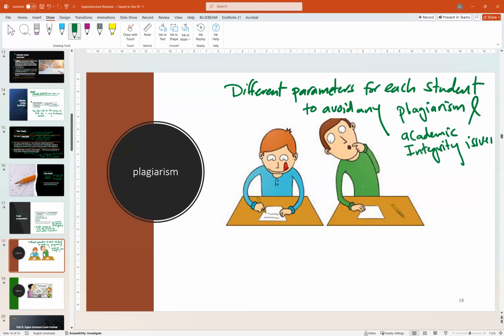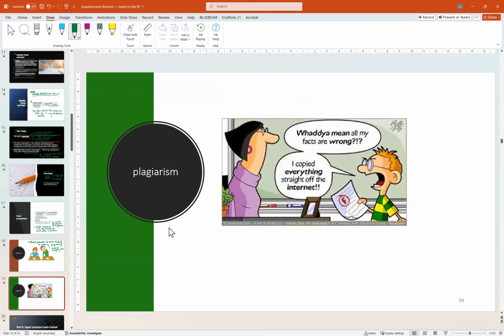So please avoid plagiarism and the misuse of ChatGPT or any other AI tool.